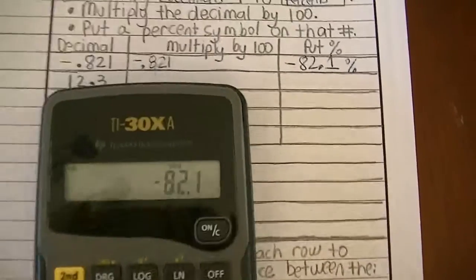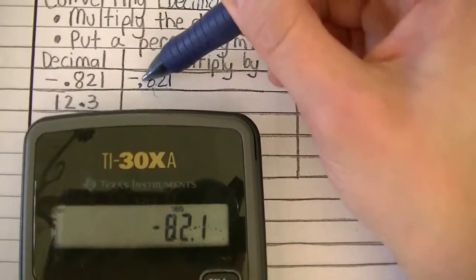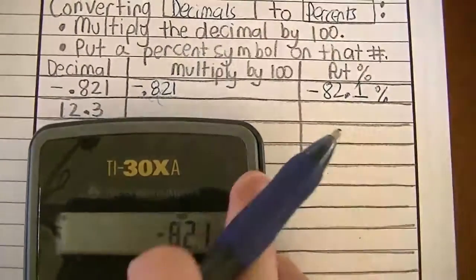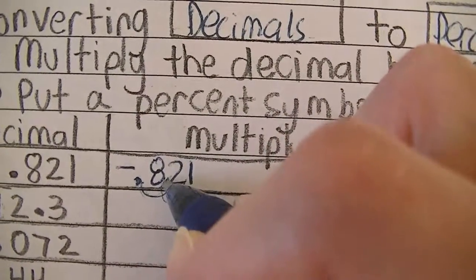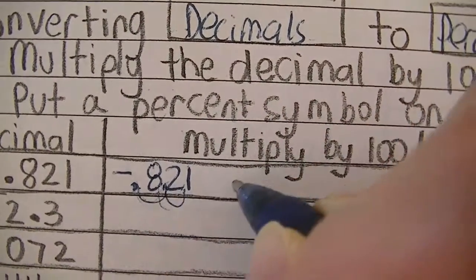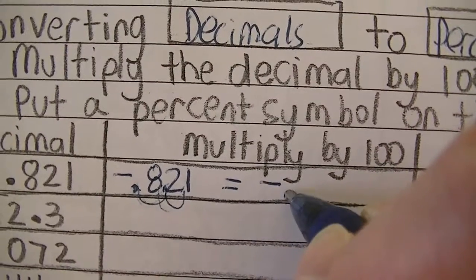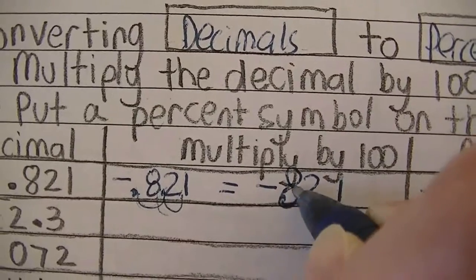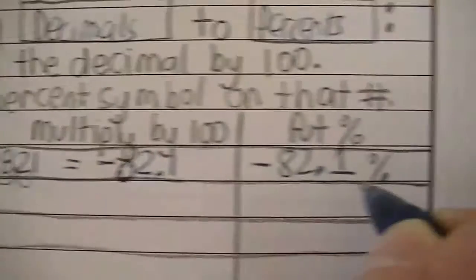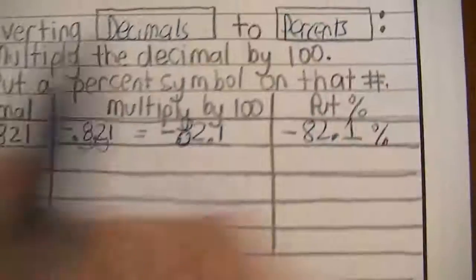There we go. That's the same as moving the decimal place two places to the right, okay? So look what I do. Move it one, that's times 10, that's times 100, so negative 82.1 would be multiplying it by 100. Then at the end, slap a percent sign, okay?